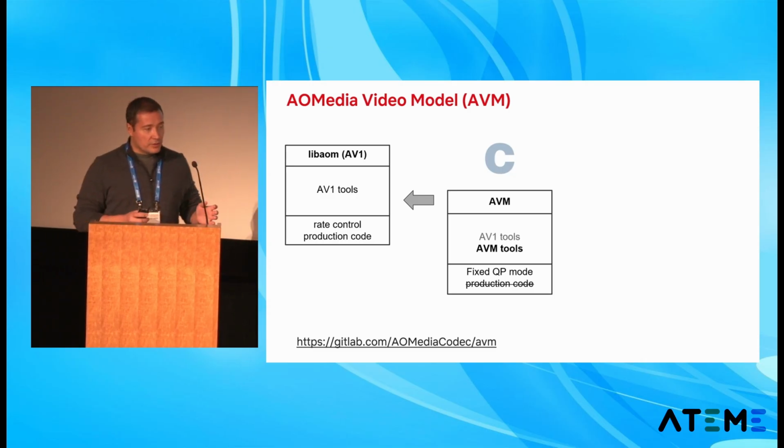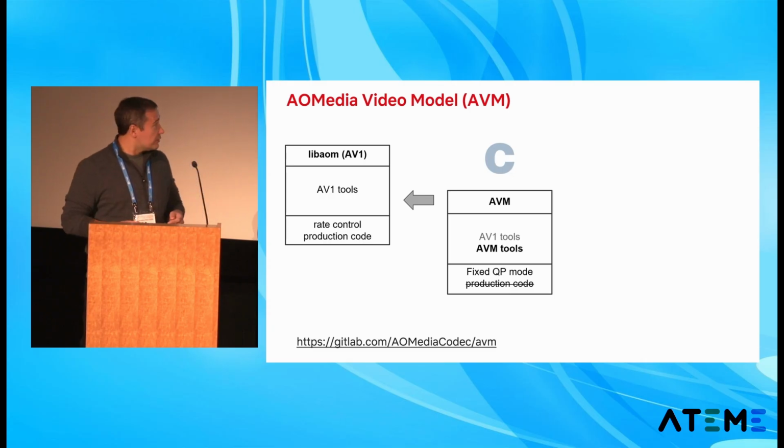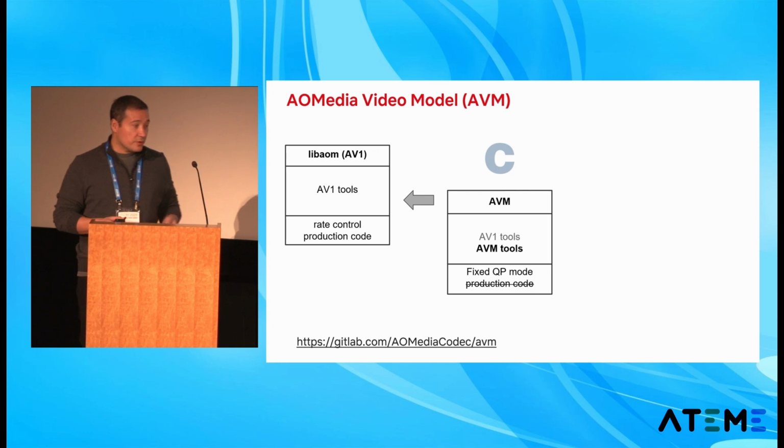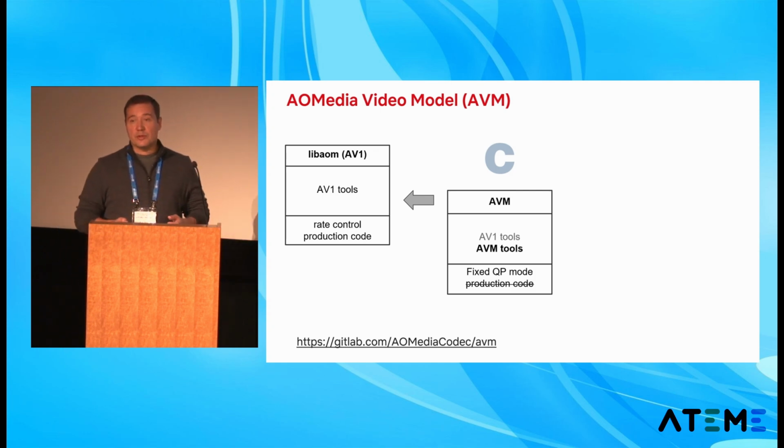So the AVM software was branched off of libaom. It's currently hosted in GitLab, and the software has been cleaned up. Some production code was removed, and for example, the fixed QP mode was also implemented. That is usually used in the development of video codecs.